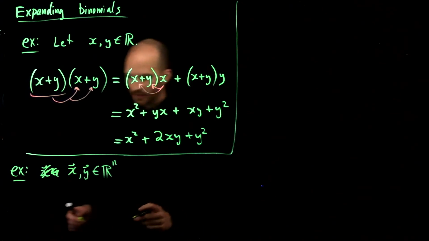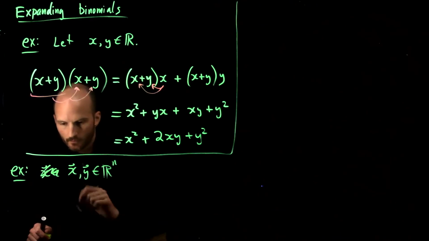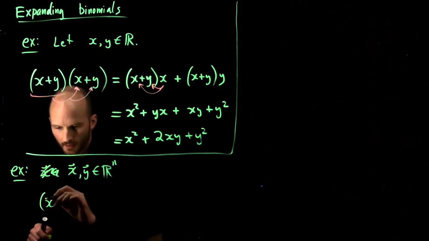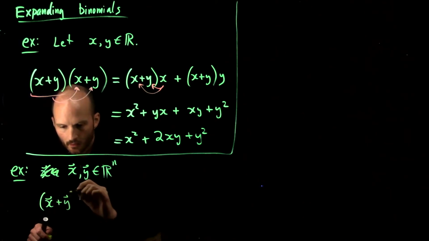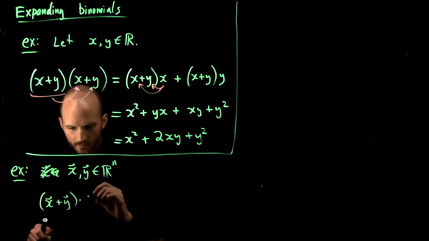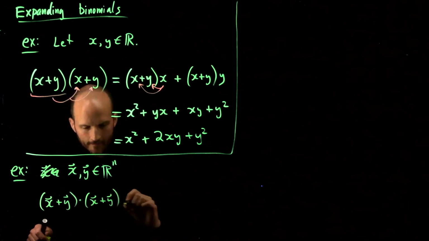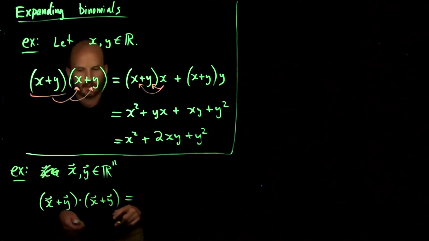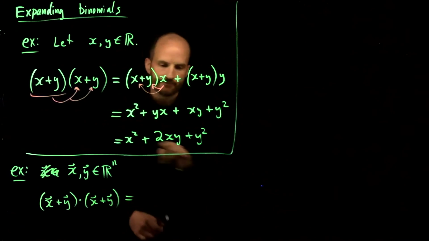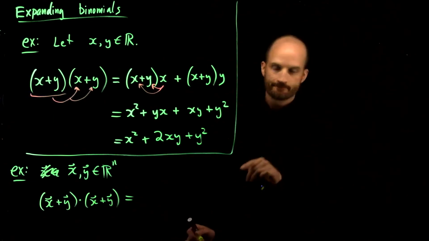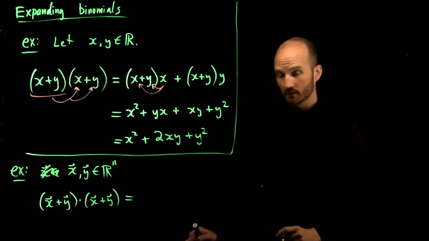Now if I'm doing a dot product of x plus y dot x plus y, do I still get something resembling this? I don't get exactly this, but I do get something resembling it.